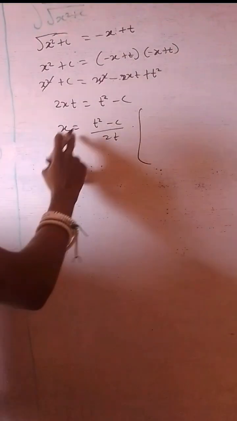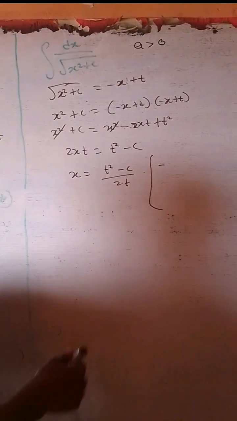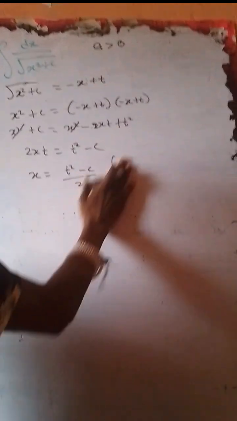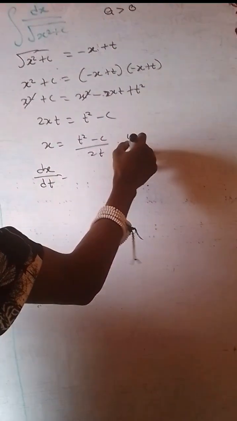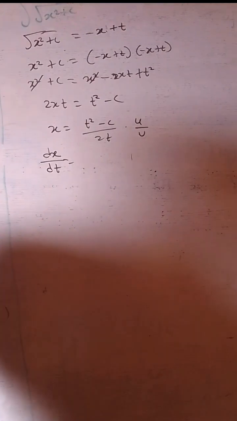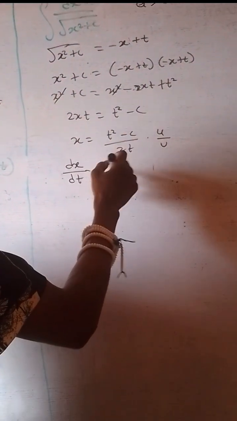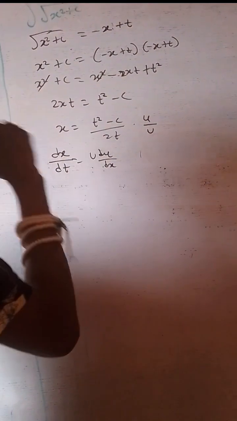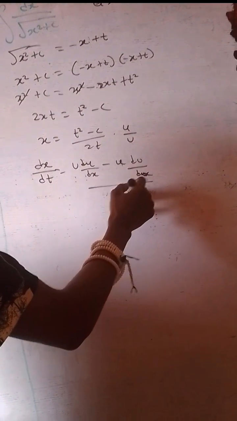Before you come to the differentiation of it, this is the x, so we have to find dx over dt, but not yet time for that. Let's just differentiate first of all. Our dx over dt, we all know that this is u over v, a quotient rule function. So we have v du dx minus u dv dx over v squared.